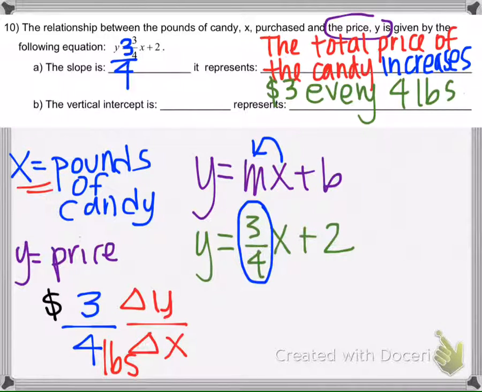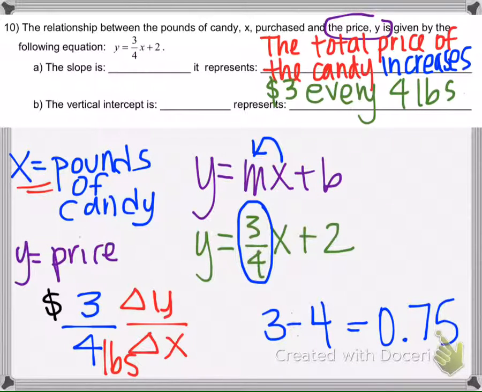Okay, so that's an excellent answer. Or instead of 3/4, we could take 3 divided by 4, and we get 0.75, so 75 cents.